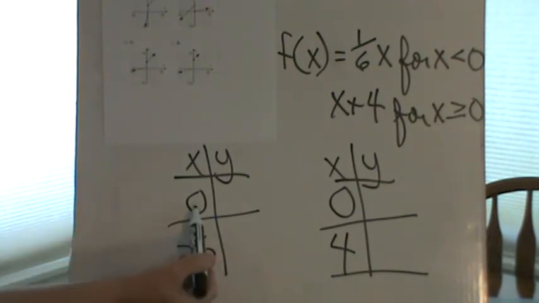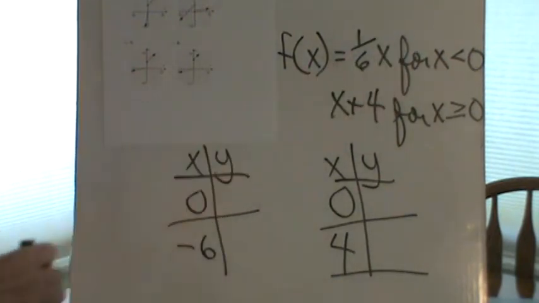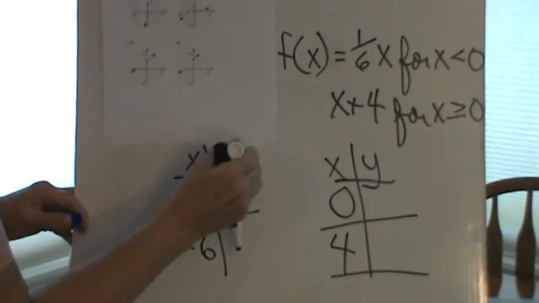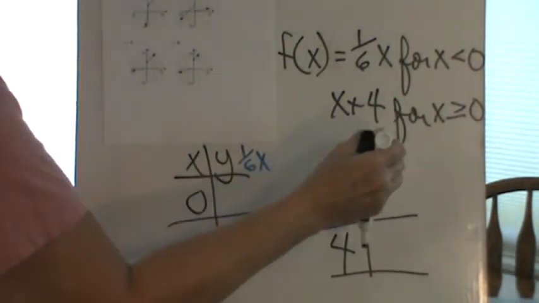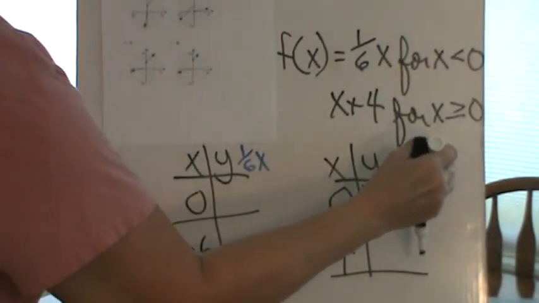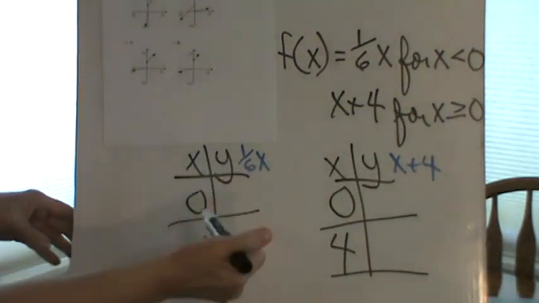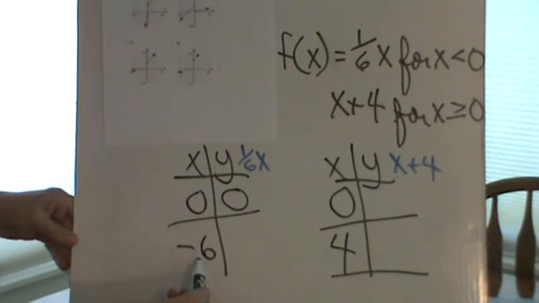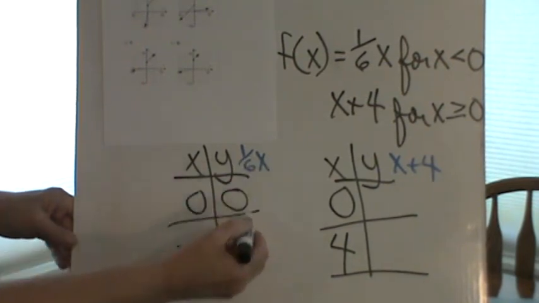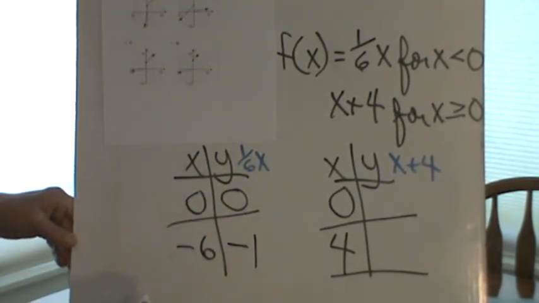All right. Let me label them. This one's for the 1/6 x. This one's for the x plus 4 piece. So when you put 0 into 1/6 x, you get 0. When you put -6 in there and multiply it, you get -1.